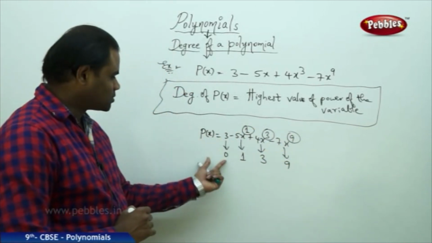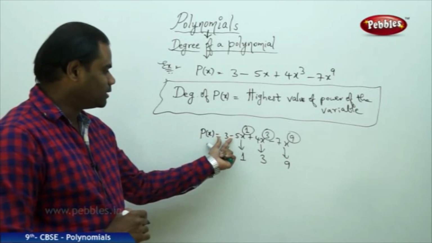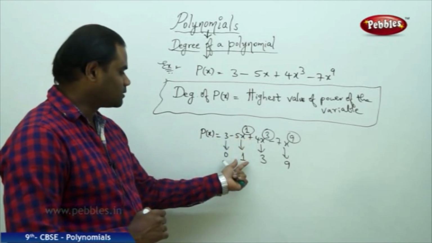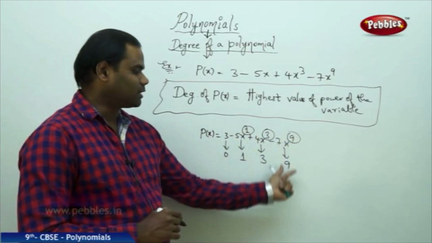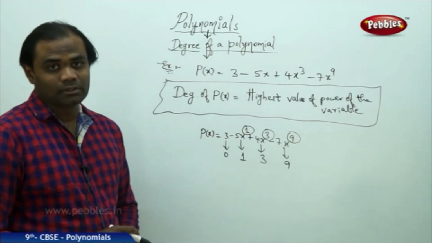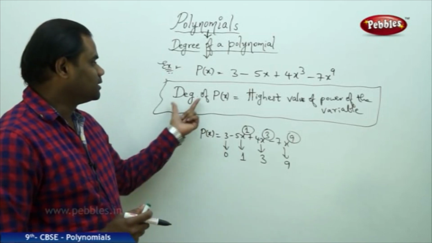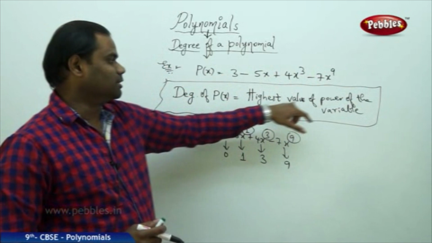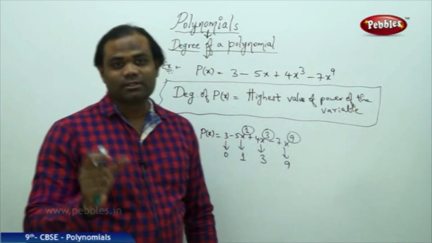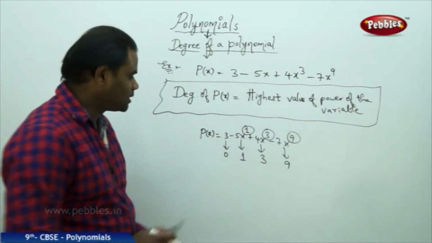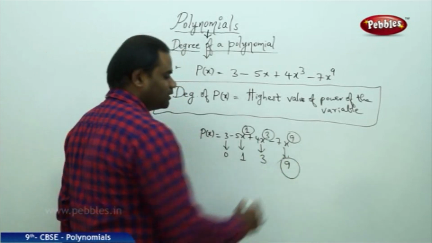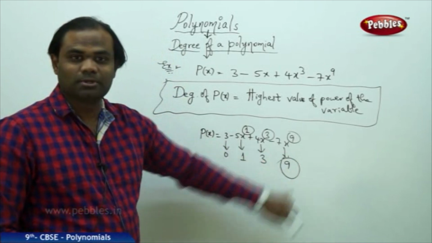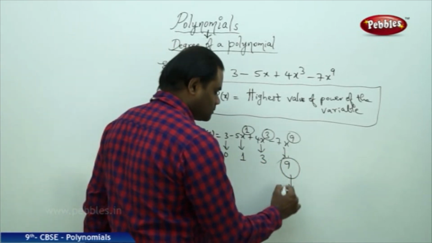So each term has its own variable value. Now here the first term has the power of x 0, the second term with 1, the third term with 3, and the fourth term with 9. Now the definition comes: the degree of the polynomial, the whole of the entire polynomial, is defined to be the highest value of the power of the variable. Now which is the highest value of the power of the variable? We select the powers, and finally I find this to be the highest.